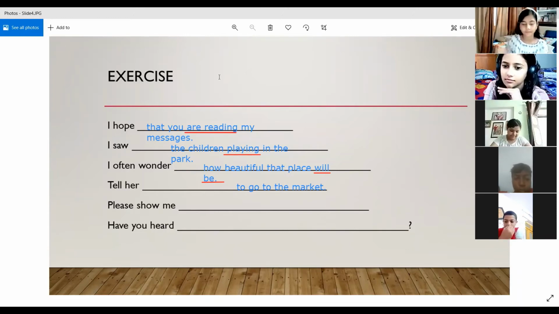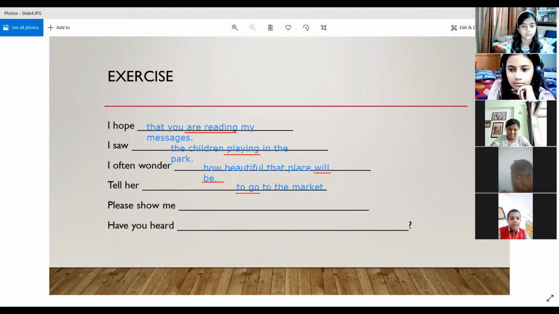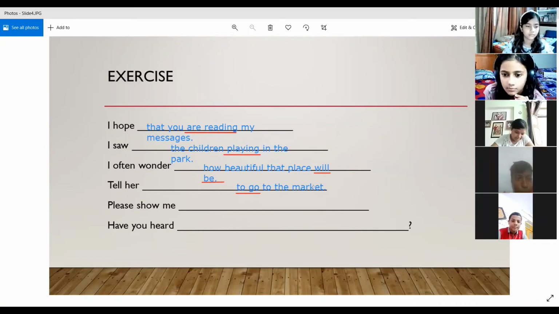See, with the to go, we form infinitives: to go, to be, right? All these things. After this to is the preposition over here. Where? To the market. So this is preposition to. Okay. So over here also, what should be told to her? The answer is to go to the market. So acting as a noun, and the verb is also present, right?